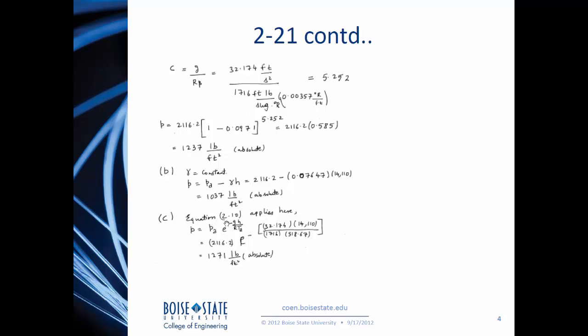And then if we use equation 2.10 for a constant temperature, we can again obtain the pressure as 1271 pounds per square feet. So you can see at this altitude, assuming gamma equals constant would lead to a slight error in the way the pressure is computed, but it's not significant.